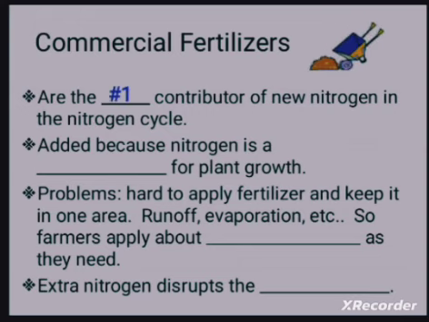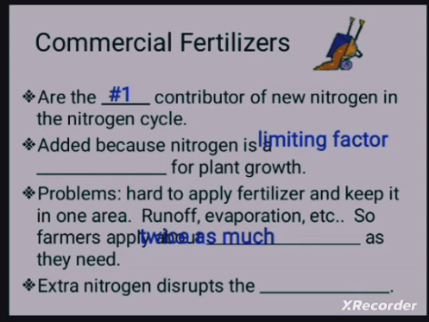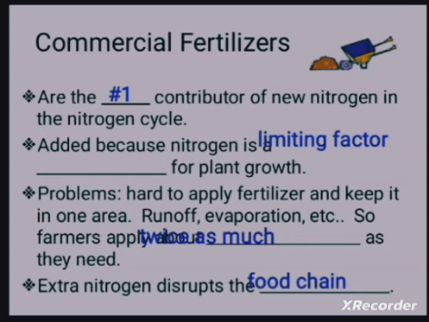Commercial fertilization is only about 1% of the new nitrogen contribution in the nitrogen cycle, added because nitrogen is the limiting factor for plant growth. The problem is that it is hard to apply fertilizer and keep it in one area because of runoff, evaporation, etc. So the farmer applies twice as much as needed. Extra nitrogen disrupts the food chain.